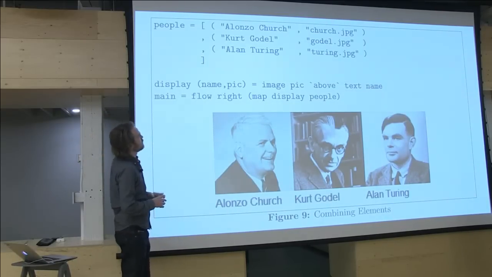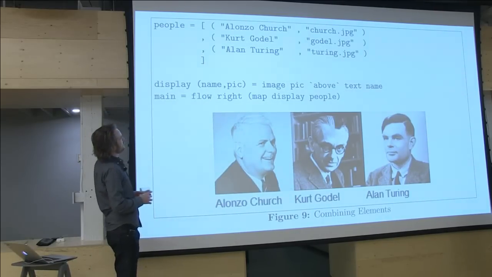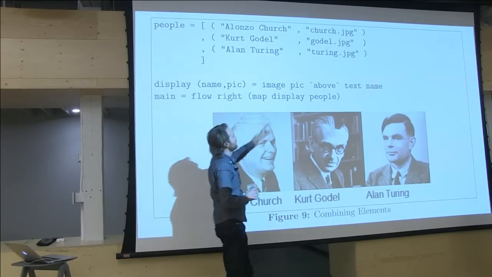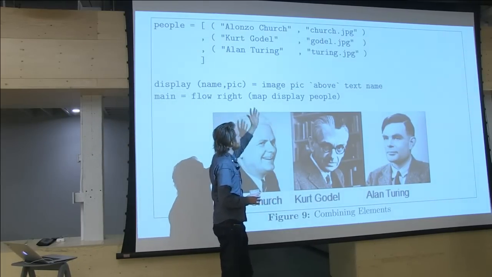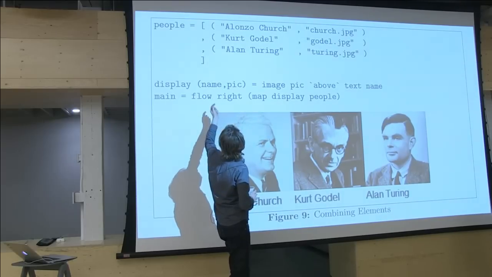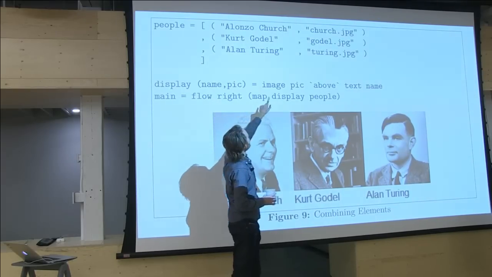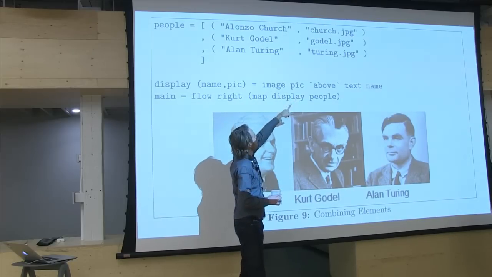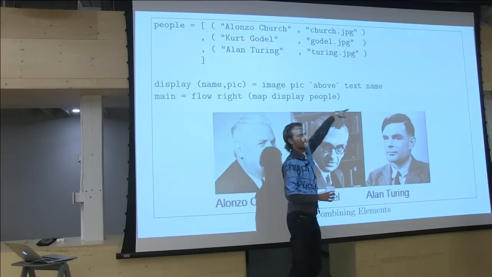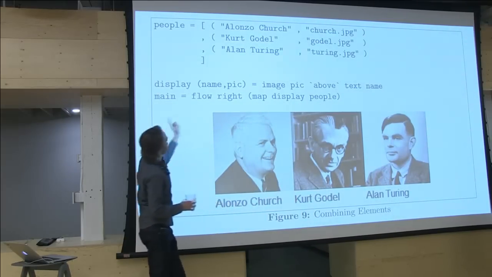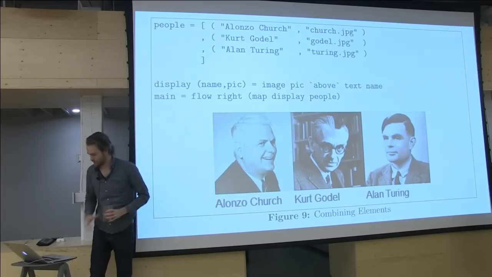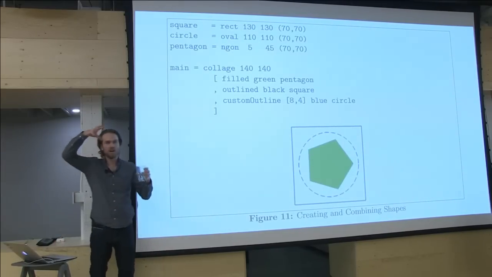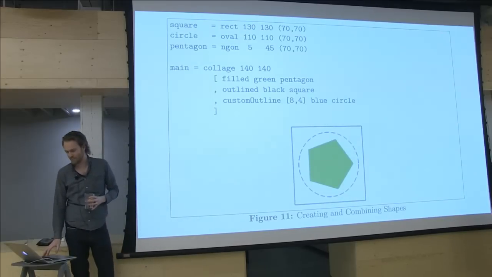So here's some people and some images of those people, and here's a function where we use this great infix notation to say, make an image with the file name and put it above the text of their name, and flow right. There you go. And then you can make collages of different things. It's pretty cool.